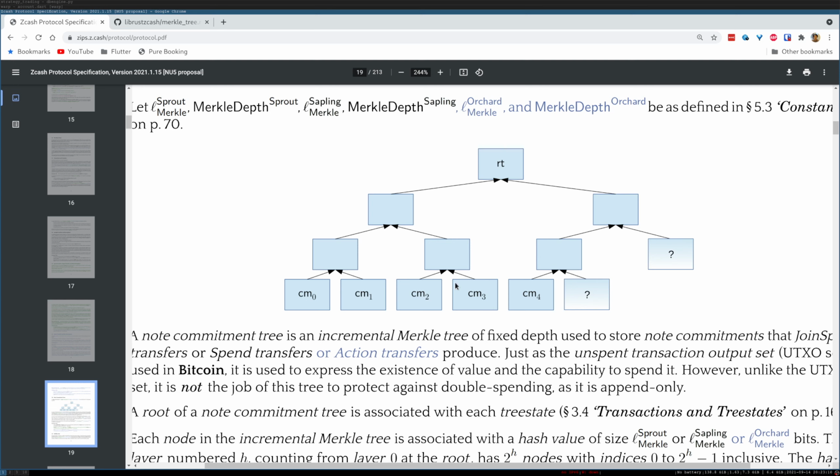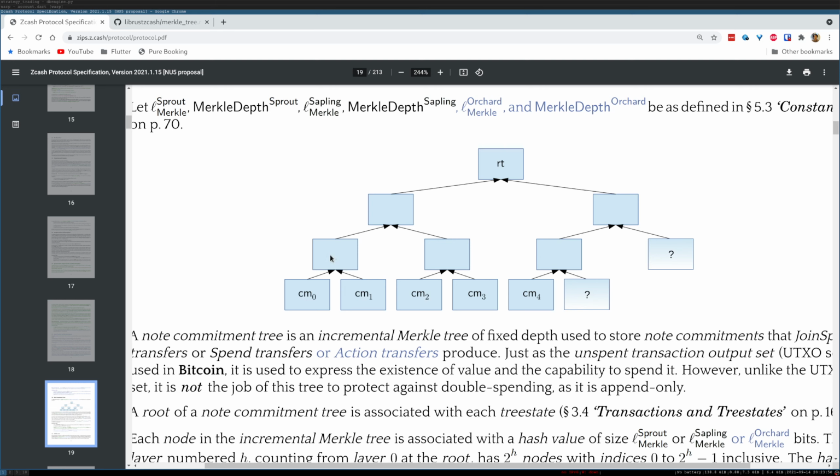Because you cannot change anything that was appended before, once CM2 and CM3 are provided, this hash value will be the hash value of CM2 and CM3, right? So this hash value will not change because CM2 and CM3 cannot change. And likewise, CM0 and CM1, you already know they were provided because the order dictates that you cannot have CM2 before having CM0 and CM1. So therefore, this node is already calculated.